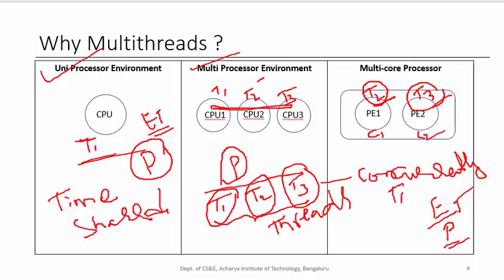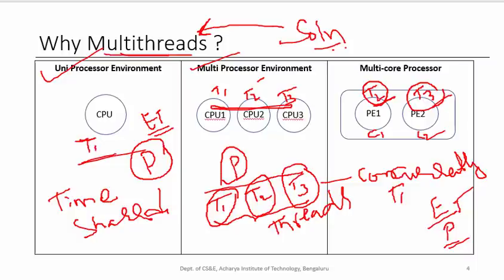So now we have solved the problem of efficiently utilizing the hardware. How did we do that? The solution for efficient utilization of the hardware is what is known as multi-threaded programming, or creating multiple threads inside the process.